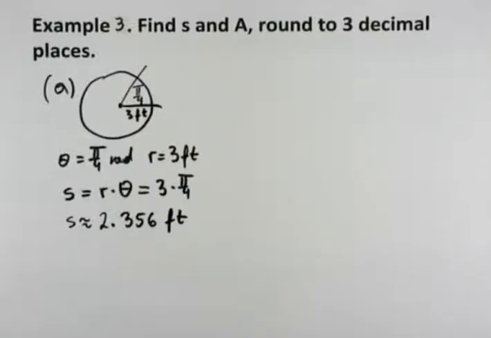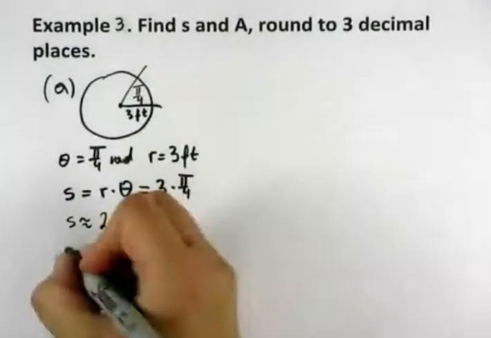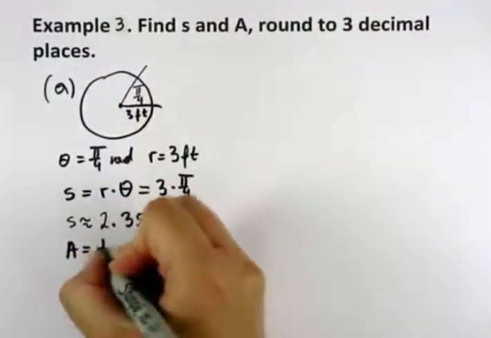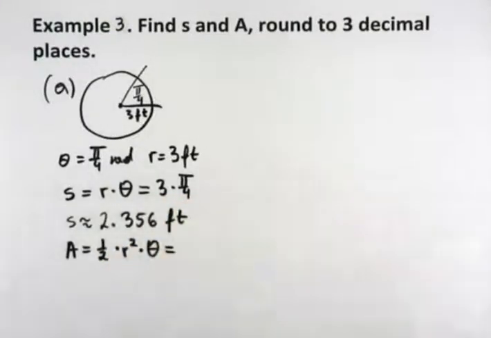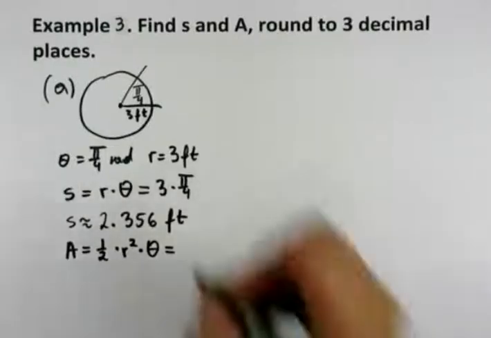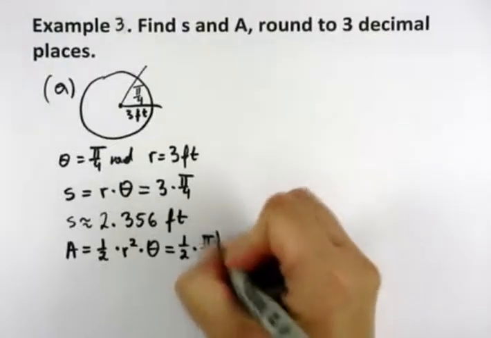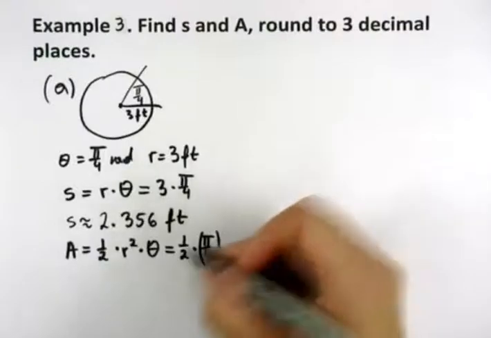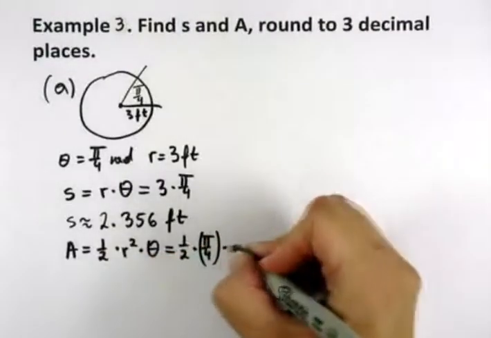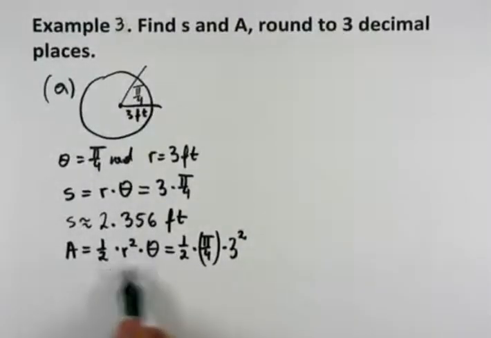And now they also ask us to find the area of the sector. So the area formula is 1/2 times r squared times theta. Always check if your theta is in radians. Yes, it is. So we have 1/2 times pi over 4, times radius squared, so this would be times 3 squared. Multiplication, we can switch the order.